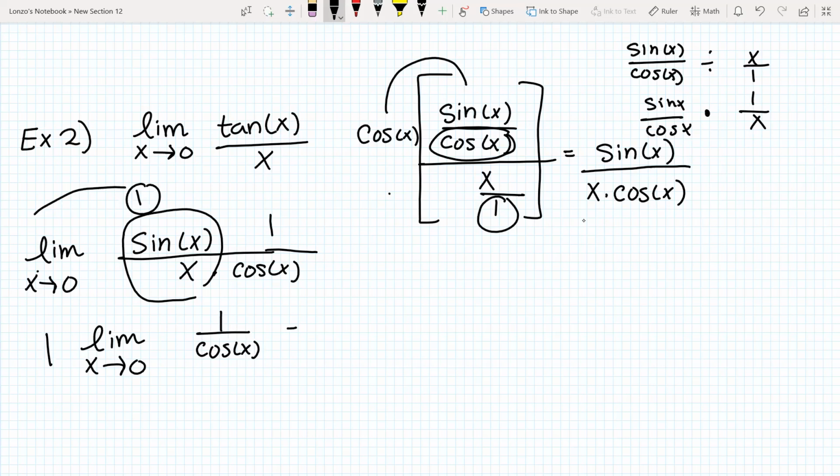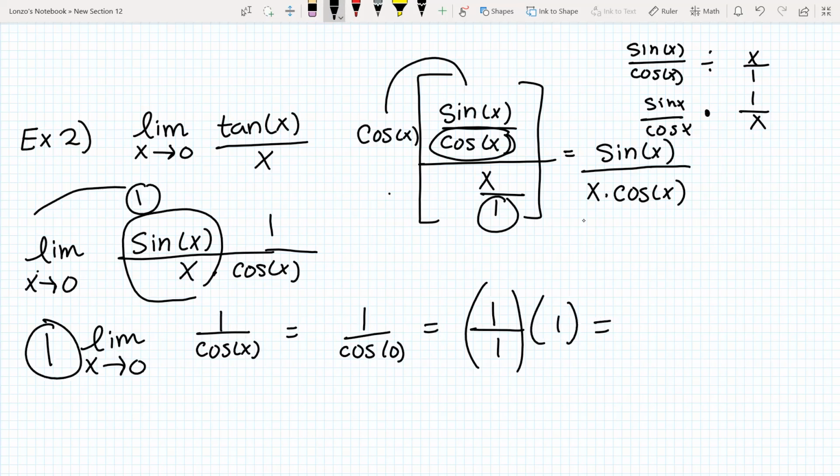Actually, before we multiply out the 1, let's do the limit as x approaches 0 of 1 over cosine of x. That would be 1 over cosine of 0, and cosine of 0 is 1. And then you multiply it by this constant. So your final answer is 1.